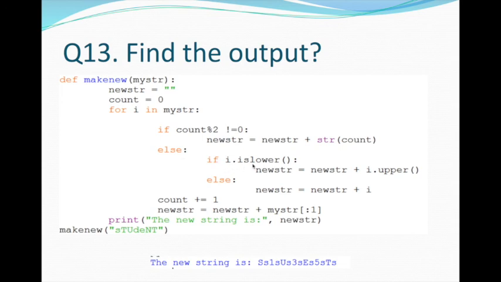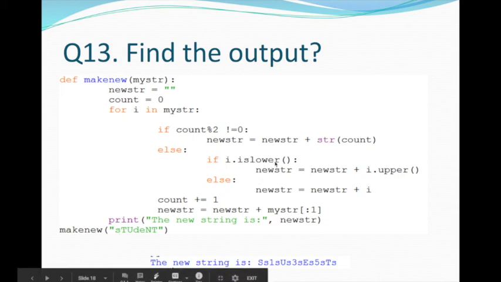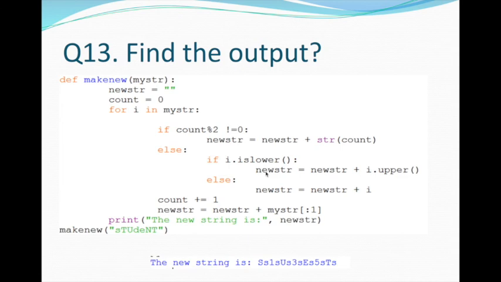If i.islower. What is the use of islower? islower is used to check whether that particular character is lowercase or not. So here i is small letter s, so it is lower. So it executes this statement, new_str equals new_str plus i.upper.